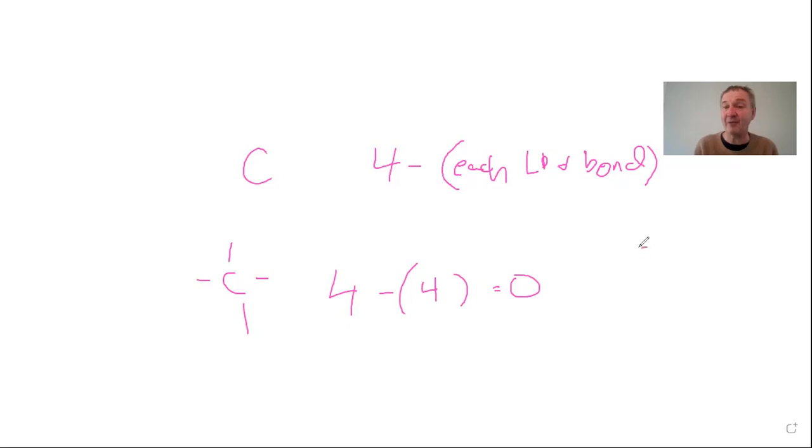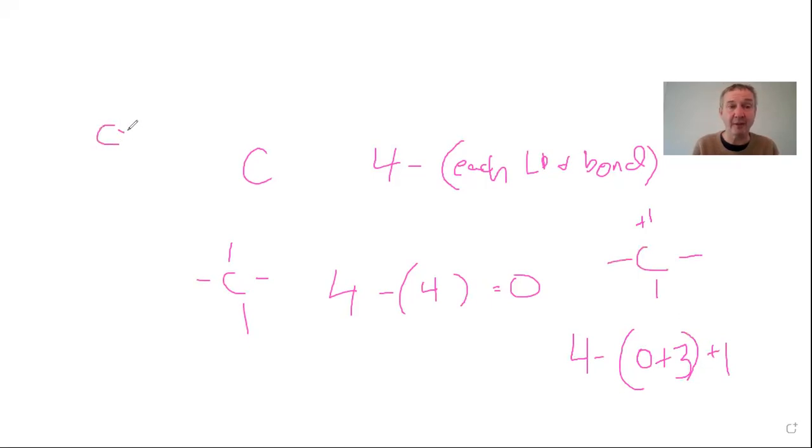But let's say I have carbon with 3 bonds and no lone pairs. Well, now I know carbon has 4 outer shell electrons, and it's got 0 lone pairs, and it's making 3 bonds, and 4 minus 3 is plus 1. So the charge on that carbon is plus 1, right?